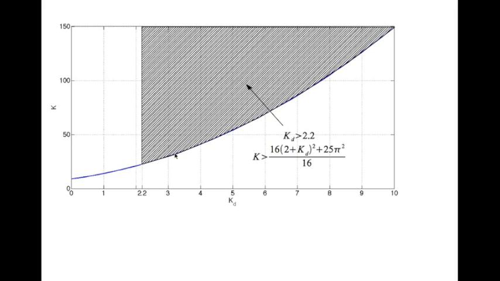This curve is k equal to [16 times (2 plus kd) the whole squared plus 25 pi squared] divided by 16. So you can choose any value of k and kd in this region, and both constraints will be satisfied. That's the end of our lecture.